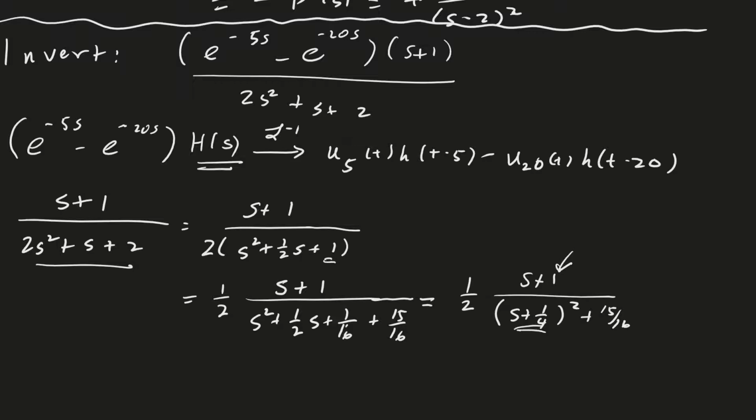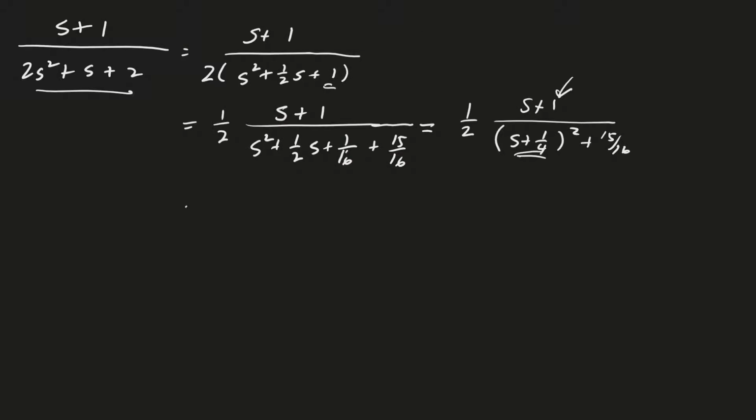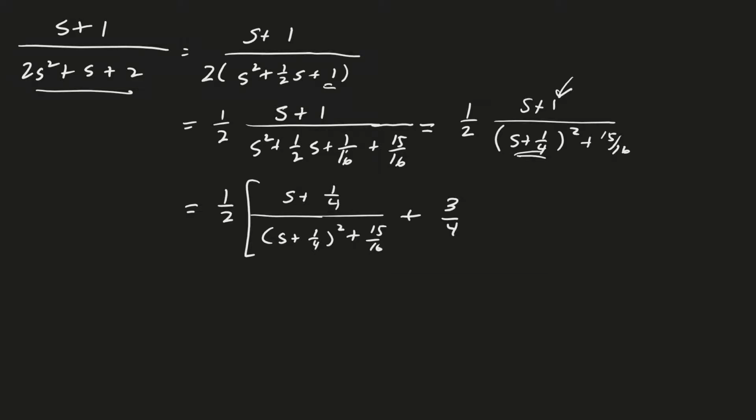I need a 1/4 to match this bottom, so I'm going to rewrite that: s + 1/4 to match my denominator, which leaves 3/4. I'll put the 3/4 with the second fraction, and then I'll have a 1 over (s + 1/4)² + 15/16.